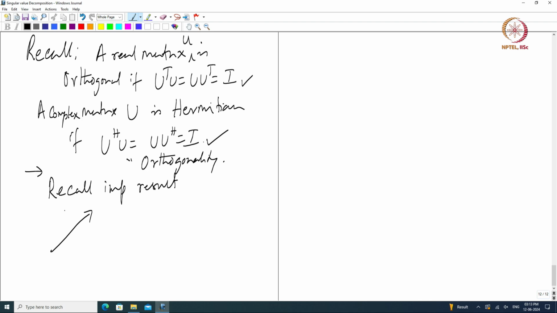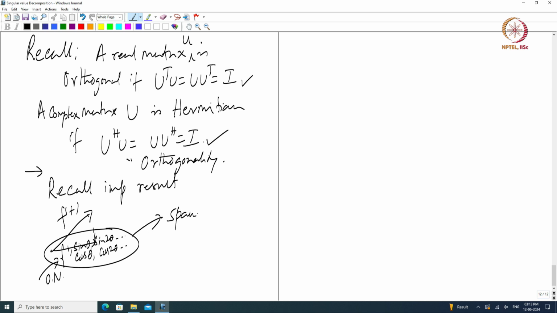Suppose you have a function f of t and you have an orthonormal basis of vectors 1, sin theta, sin 2 theta, etc., cos theta, cos 2 theta, etc. Now, if you project f of t onto the space spanned by this set, the coefficients you get for each term 1, sin theta, sin 2 theta, cos theta, cos 2 theta, etc.